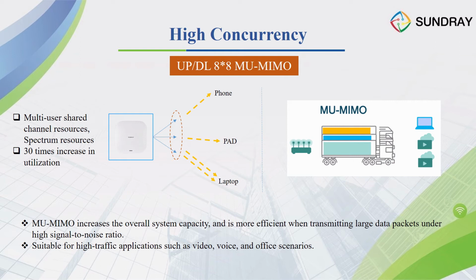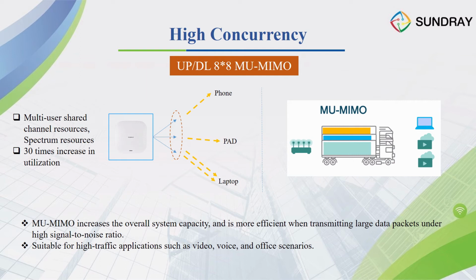Also, Wi-Fi 5 only supports 4x4. So with this MU-MIMO, multiple users can share the channel and spectrum resource, and this brings a 30 times increase in the utilization of the spectral resource.